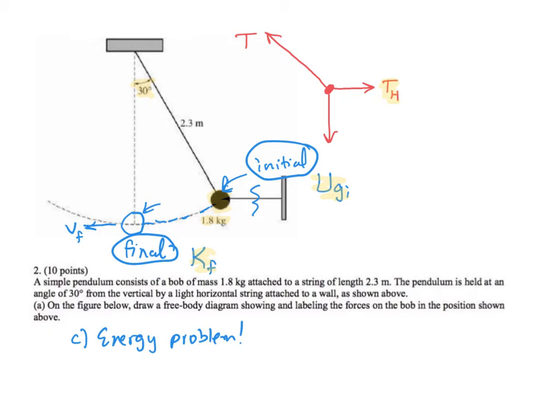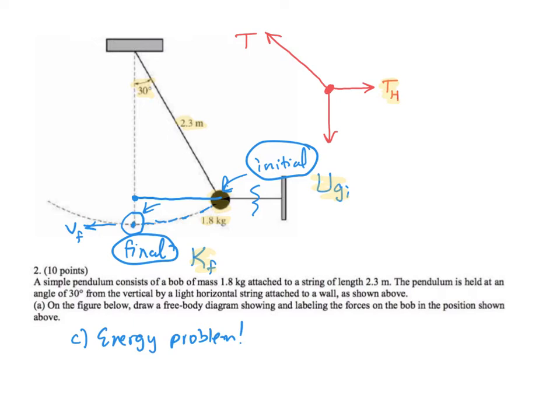So set up that equation, and you'll find the only thing that you need to know is what the change in height is from the initial to the final condition. And you can use trigonometry to figure that out. There's enough information with the 2.3 meter long rope and that 30-degree angle to be able to figure out the difference in height from this point to this point down here.